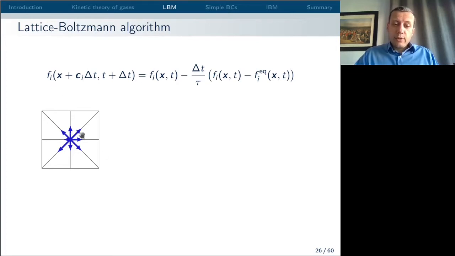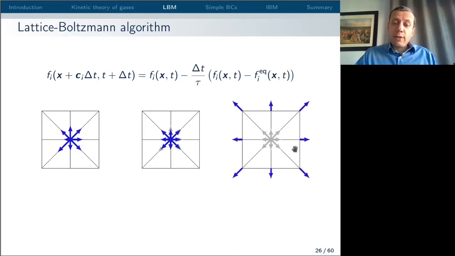Each one points into one direction, or you also have the one that is not moving at all, which is not shown here. And what you do then, you compute the relaxation term, which is giving you a redistribution of your populations, but they have not moved in space yet. And then you propagate them to the next neighbor.